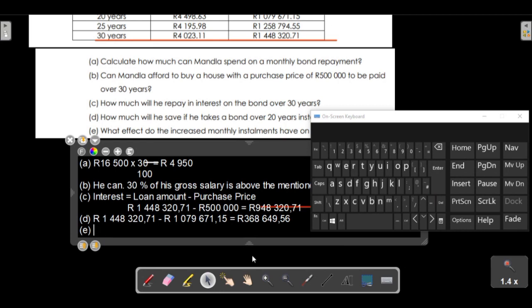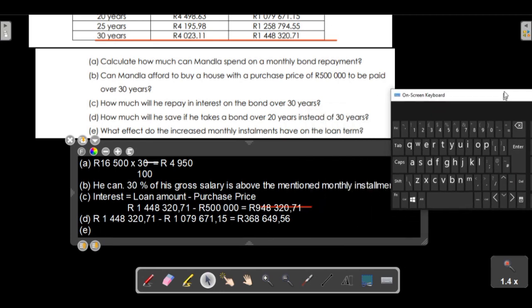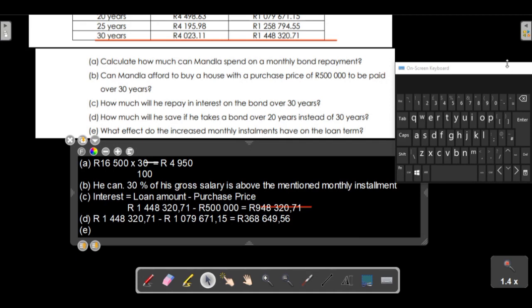And then the last question: what effect do the increased monthly installments have on the loan term? If we increase the monthly installment, we're going to pay off the loan amount over a shorter period of time.